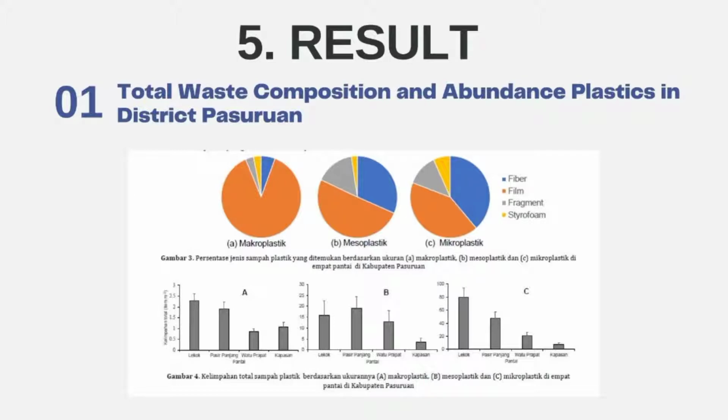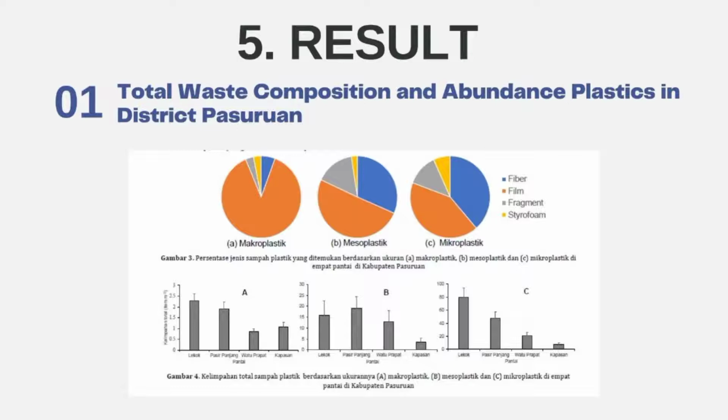Number 5 is results. 1. Total waste composition and abundance of plastic in Pasuruan District. The plastic waste that is the target of research consists of fiber, film, fragments, and styrofoam. These 4 types of waste were found in varying percentages in each size on the 4 beaches on the coast of Pasuruan district. For abundance by site, the highest microplastic was found in Lekok Beach, followed by Pasir Panjang Beach, Kapapasan, and Watu Prapat Beach.